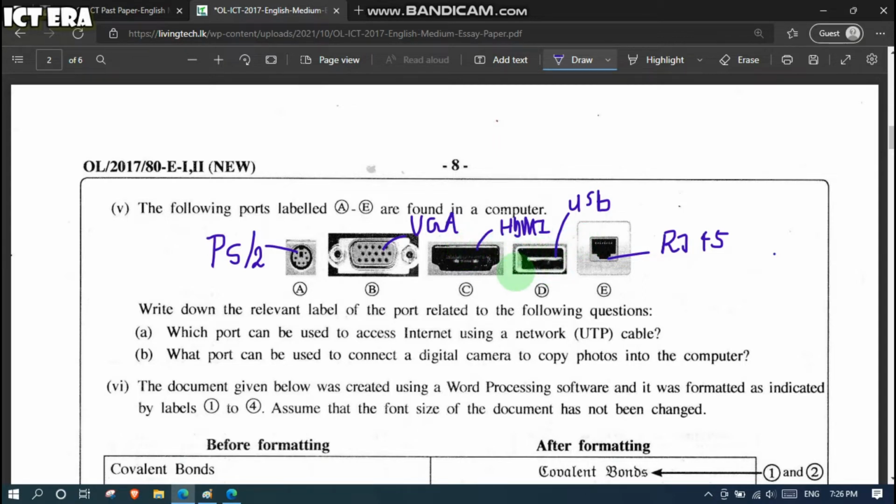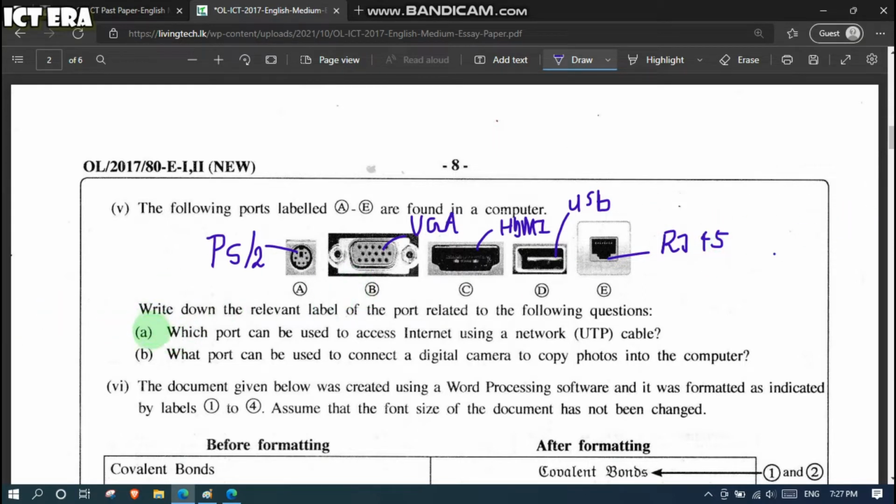And D, USB is used to connect many types of input and output devices to the computer. Nowadays PS2 ports are not available. Instead of that, USB port is used for both mouse and the keyboard, and then RJ45 port is used to connect the network router and the switch.